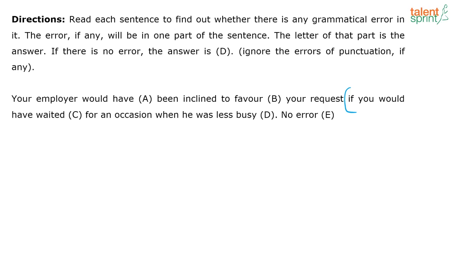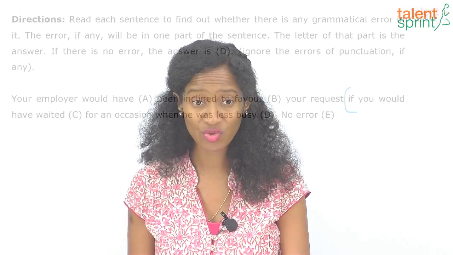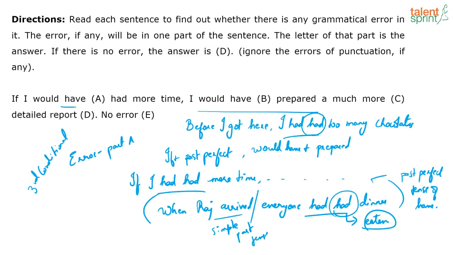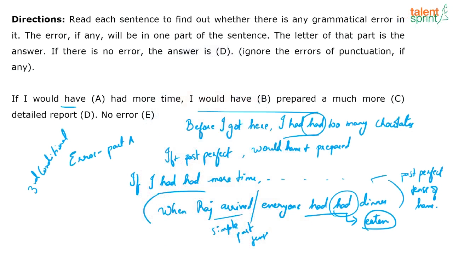That is something that can happen. Construction wise, it's grammatically accurate to do that. Just to highlight this, let me go to the previous sentence. I can still say, I would have prepared a much more detailed report if I had more time, right? I can switch the entire clauses. The meaning will still be intact. That's what has happened in this particular example context.